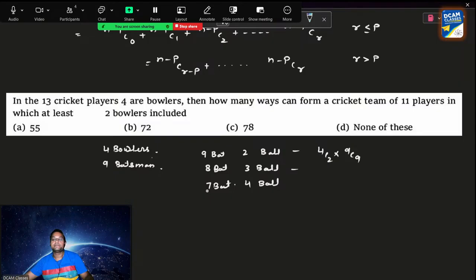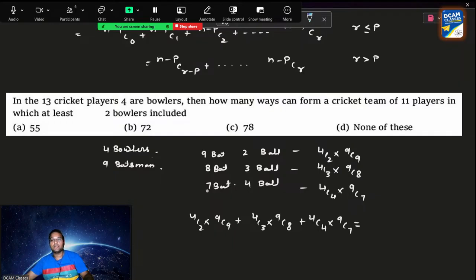Second will be done in 4C3 into 9C8 ways. Third will be done in 4C4 into 9C7 ways. Now this is at least, either this or that we can do. That means the answer should be 4C2 into 9C9 plus 4C3 into 9C8 plus 4C4 into 9C7. This sum you should get as 78.